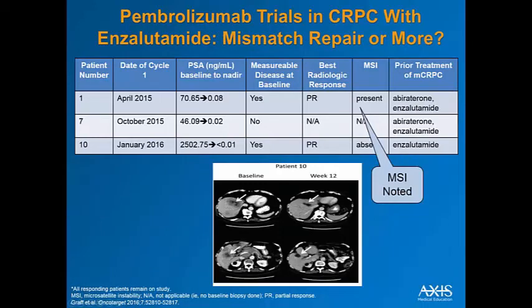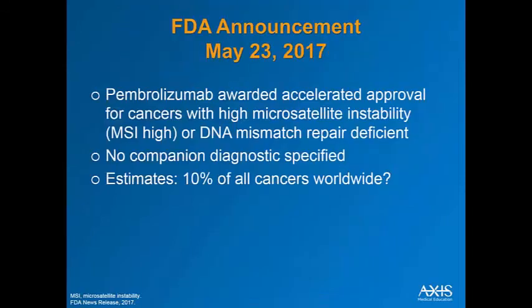And there have been some data to look at pembrolizumab, which is a PD-1 inhibitor, and this one is actually in trials with enzalutamide, some very, very good responses in occasional patients with the addition of this PD-1 inhibitor. Now, this patient had an MSI high, which is the mismatch repair gene. But we clearly need to know more about this. There are clinical trials ongoing, but not FDA approved. So we don't want to talk about that too much.